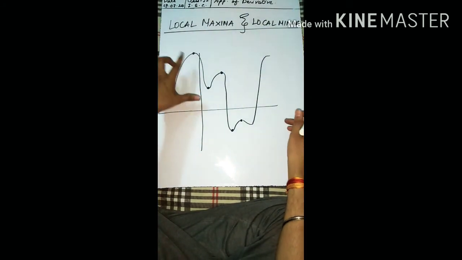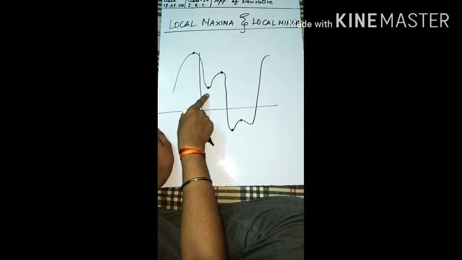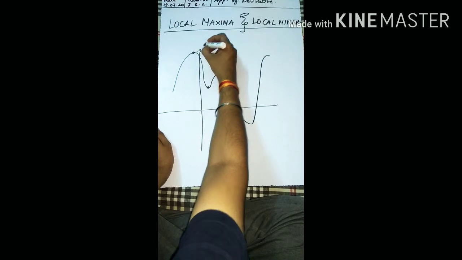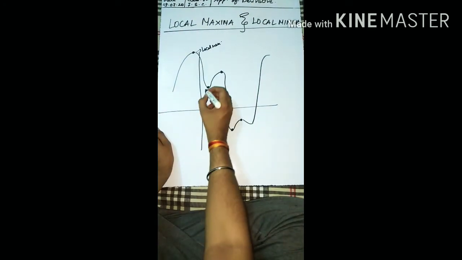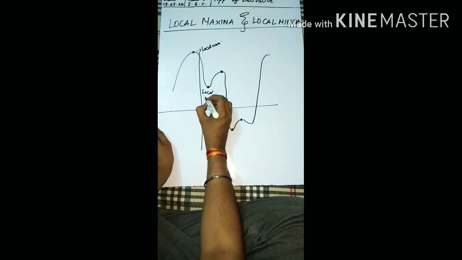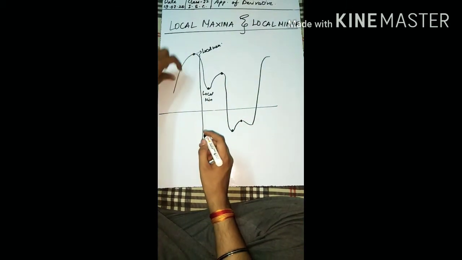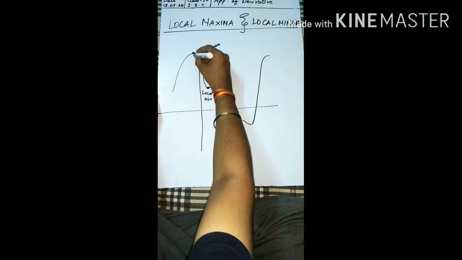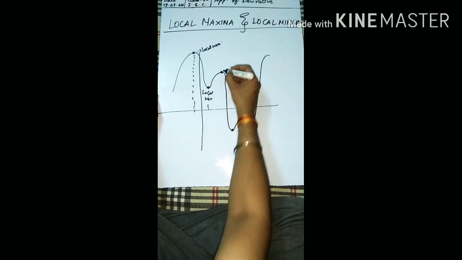So if you see the graph, from here we can say that this is a local maximum value, and here this is a local minimum value, because if you consider this wave, it is going up and down.